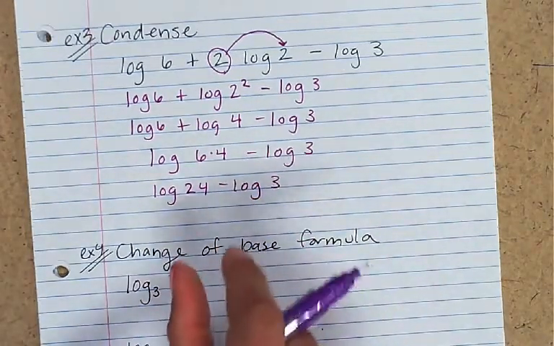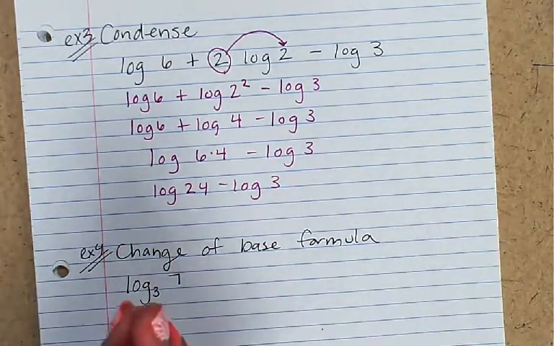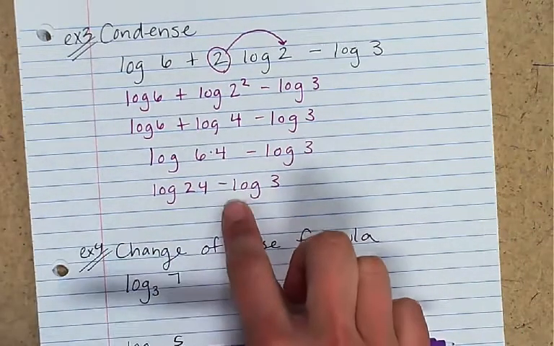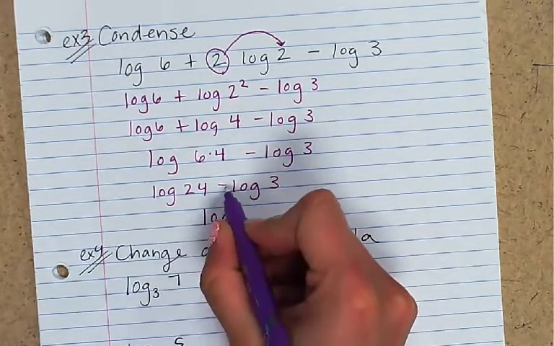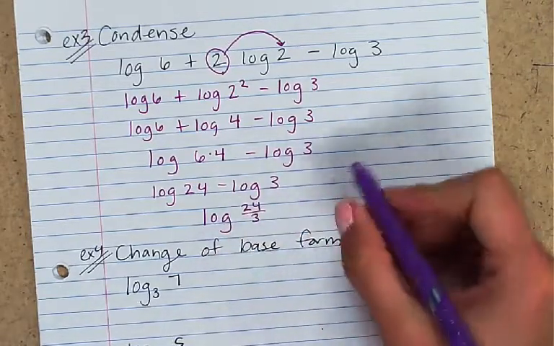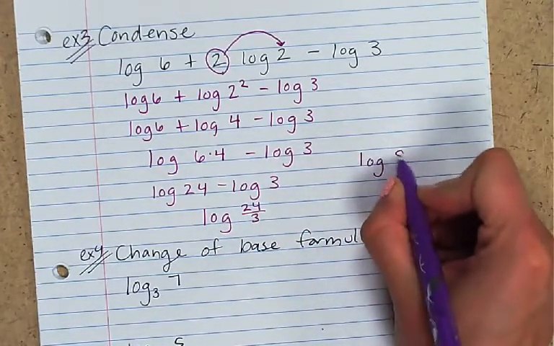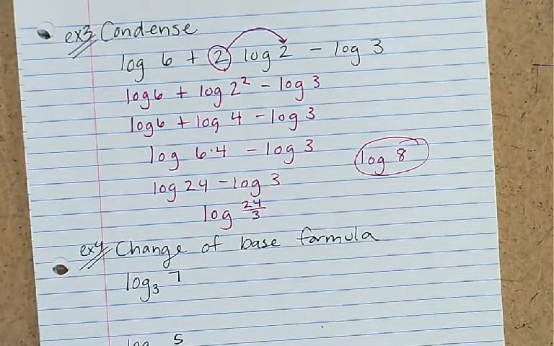Okay, so now we're just down to 2 logs. So we need to put those together so there's just one. So if we're putting it together, it's kind of like the opposite. Subtraction went with division. So if I want to combine this, I'm going to change the subtraction to division. And 24 divided by 3 is 8. So that whole thing just becomes log 8.